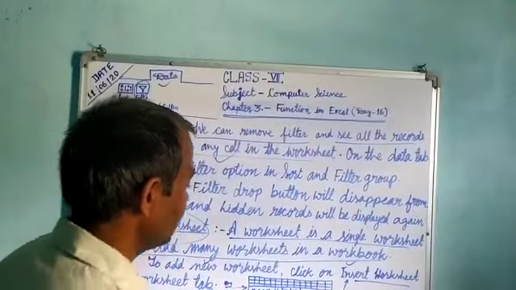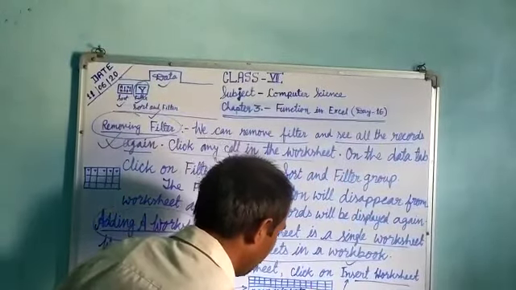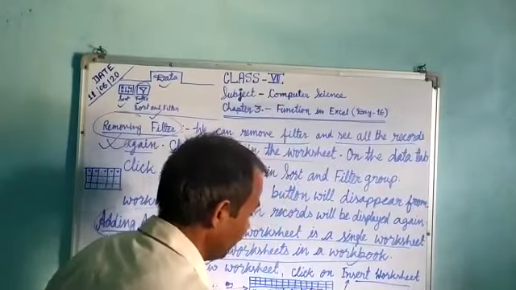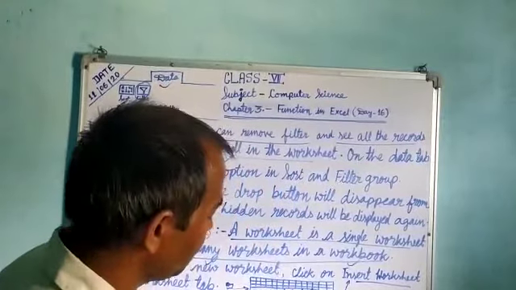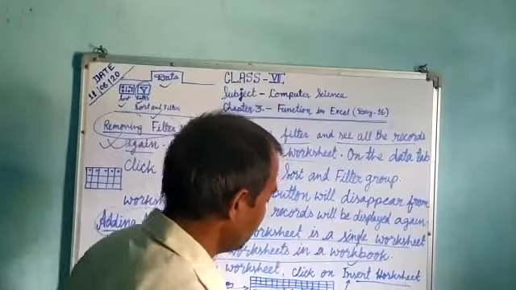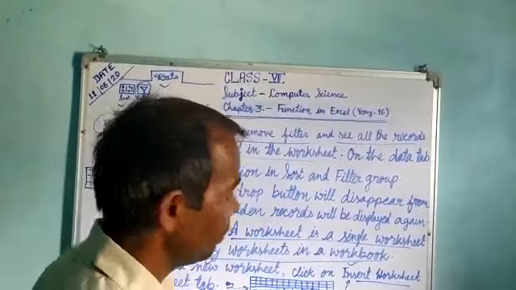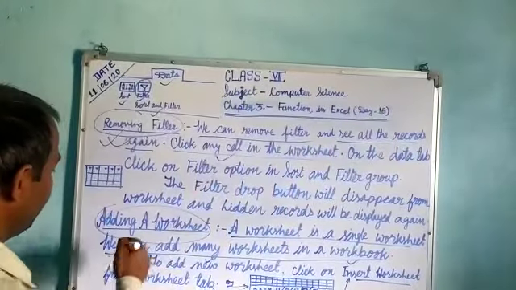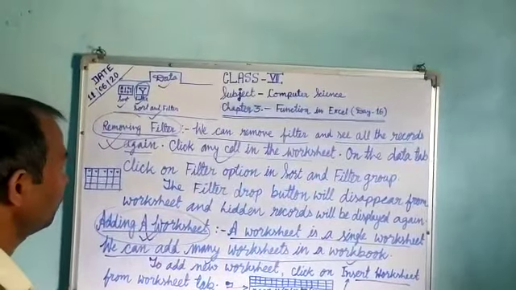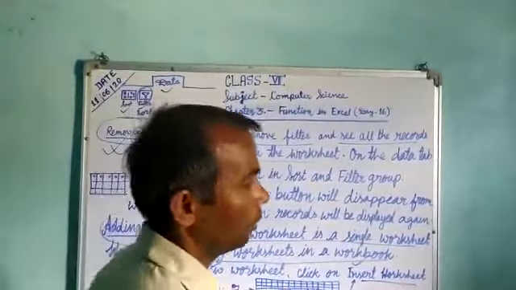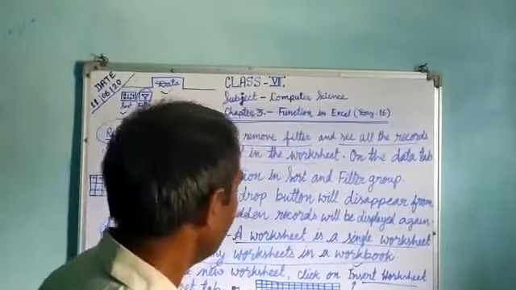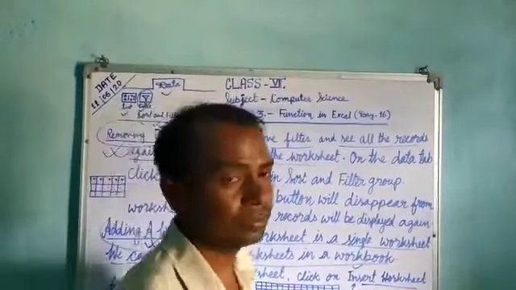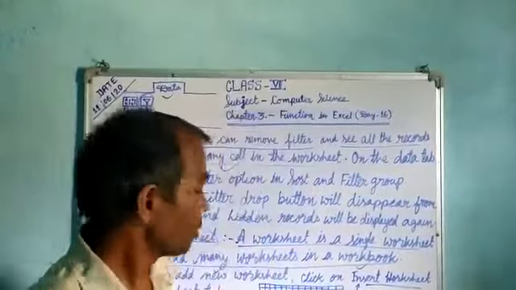Whenever we click it, Sheet 4 comes, and the insert button moves forward. Again we click, then Sheet 5 comes, and the insert button moves forward. So we can insert so many sheets in the workbook according to our requirements, however many we need. In this way we can do it very easily, so simple.